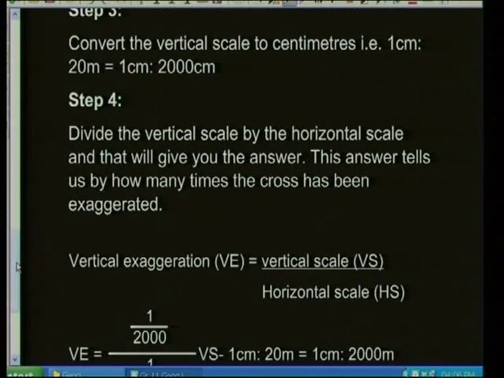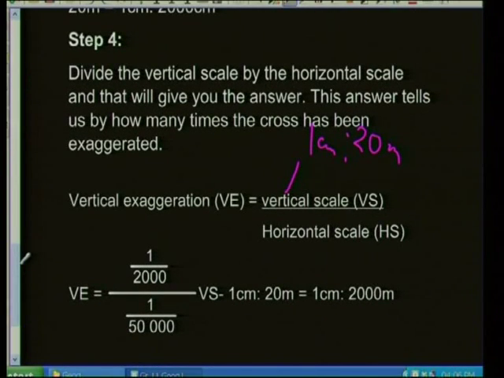We know that the vertical scale is 1 centimeter is to 20 meters. We know the horizontal scale, because we are using the topographic map, is 1 centimeter is to 50,000 centimeters.